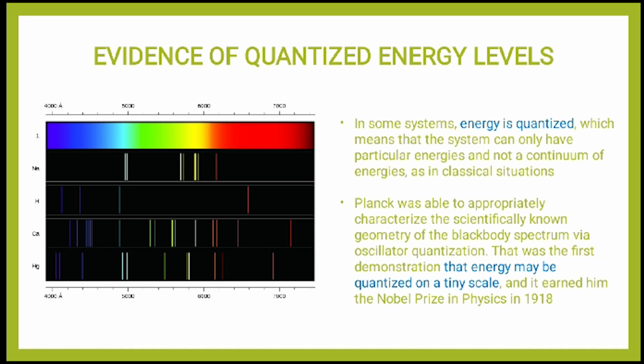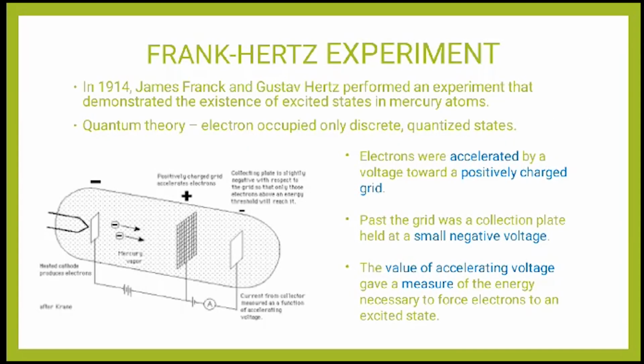Planck was able to appropriately characterize the geometry of the black-body spectrum via oscillator quantization. That was the first demonstration that energy may be quantized on a tiny scale, and it earned him the Nobel Prize in Physics in 1918. This is one evidence that energy can be quantized.